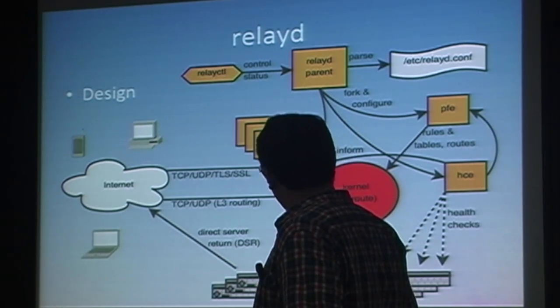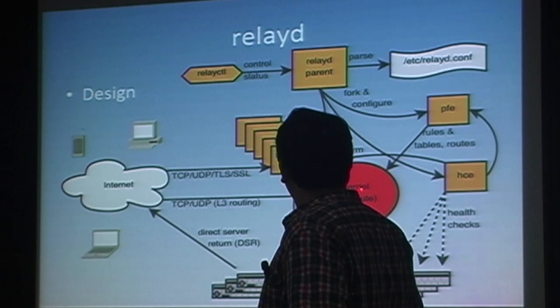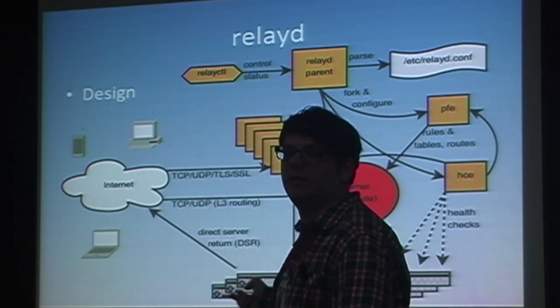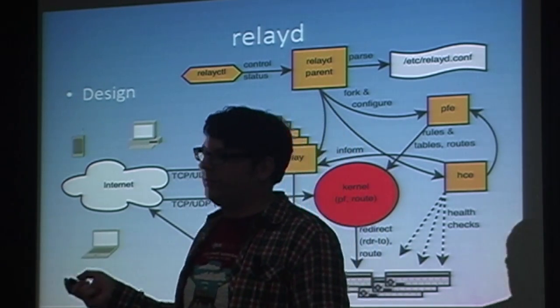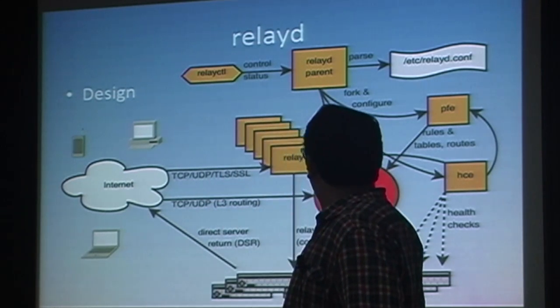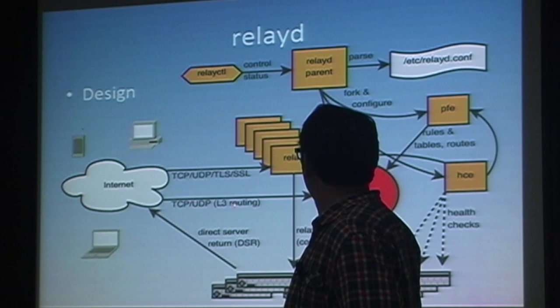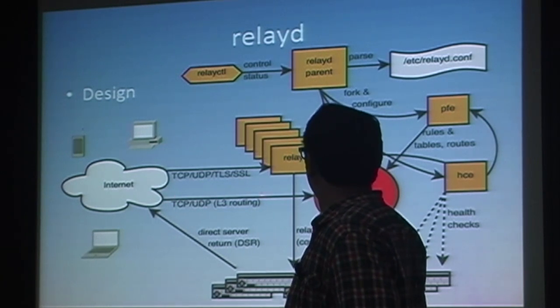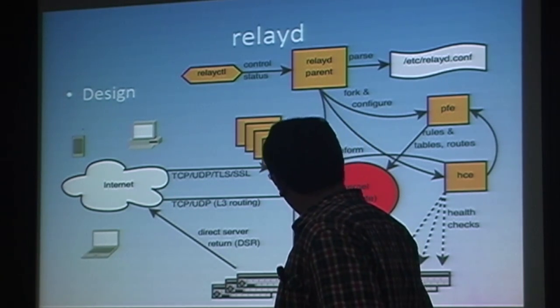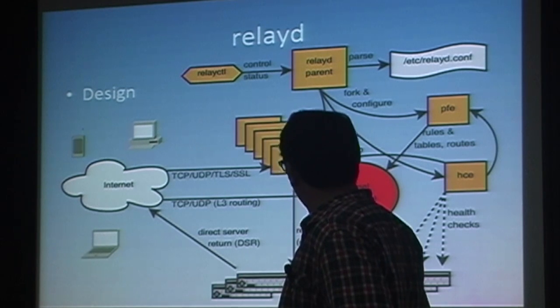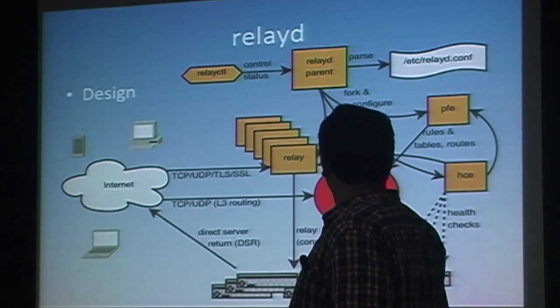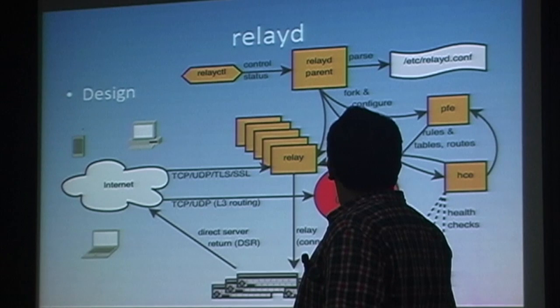The kernel is the layer 3 part. So PF is running in the kernel. So either the redirections or the routing is running there. So if an IP, typically TCP, UDP connection comes in, PF can redirect to one of the servers in the pool or route.